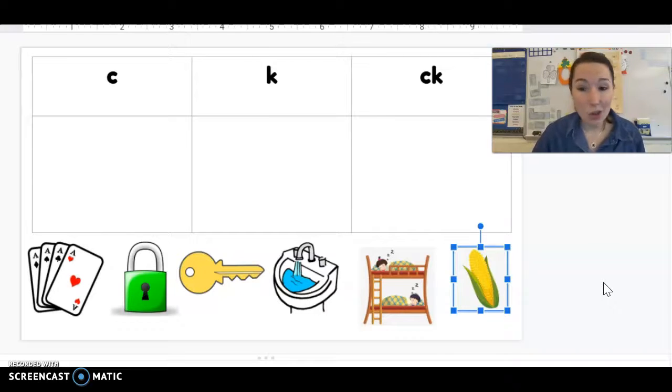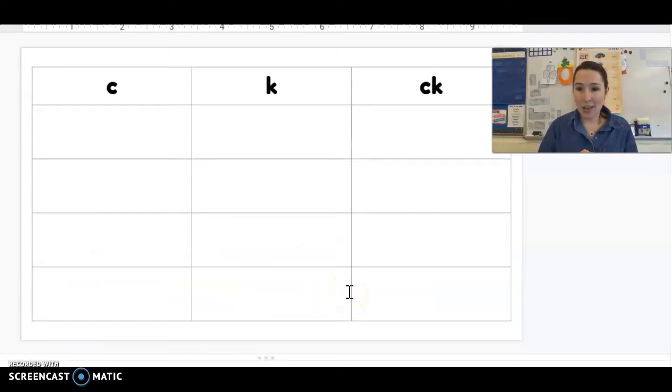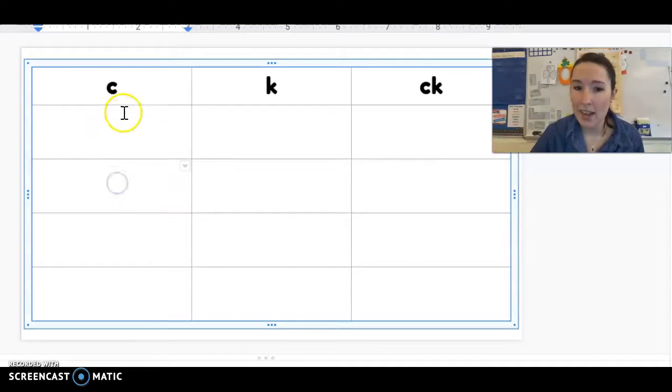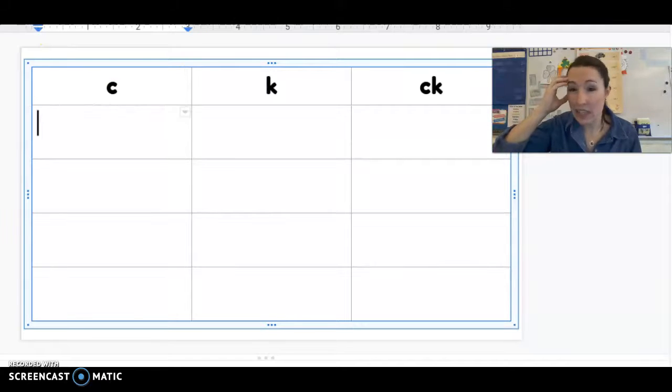All right, and here's your last job. If you finish sorting these pictures and you have more time, here's my challenge. Ready? See what words you can either come up with that have a C for our K sound, a K, or a CK. If you are stumped and you don't know what words, you're like, my brain just can't think of any.